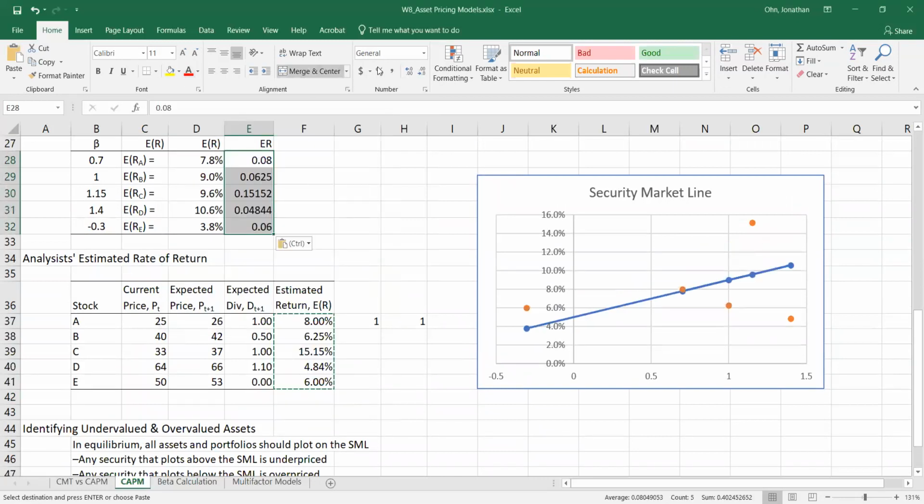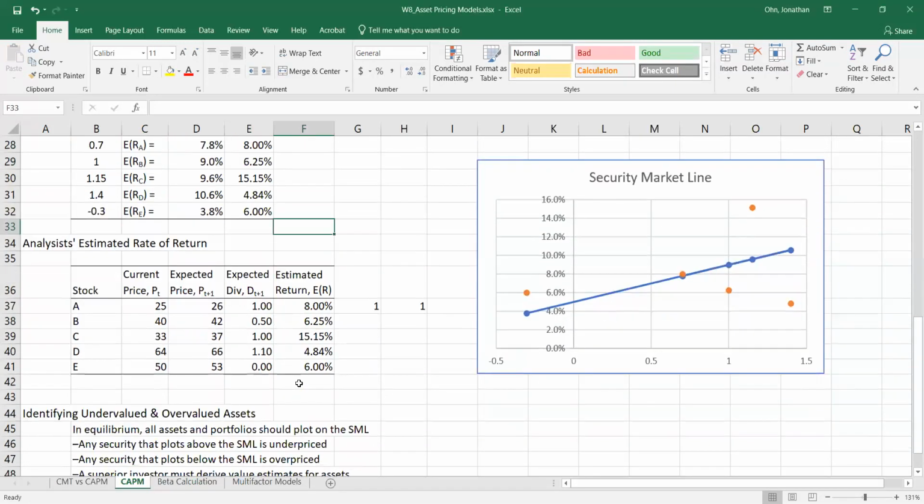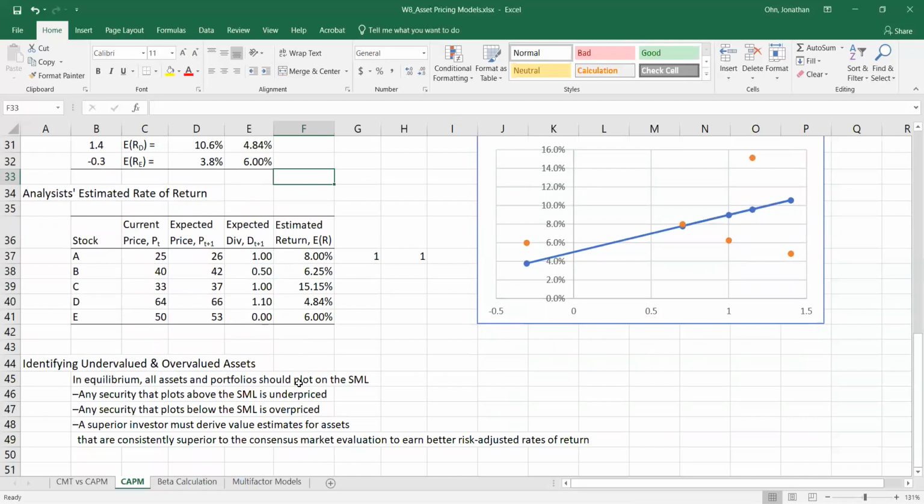Now percentage. So you have this one here. This one is the theoretical benchmark, and we got this one. Based on this CAPM return and the analyst estimated return, we can make our investment decision.